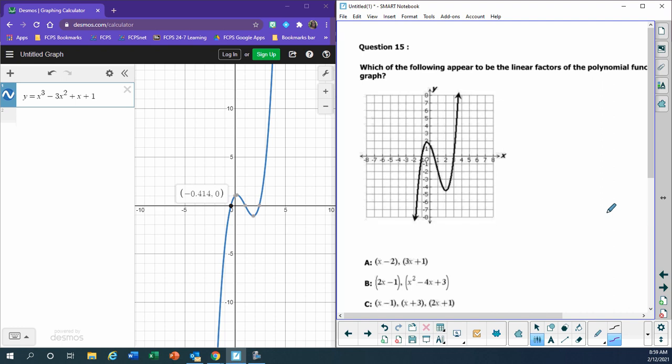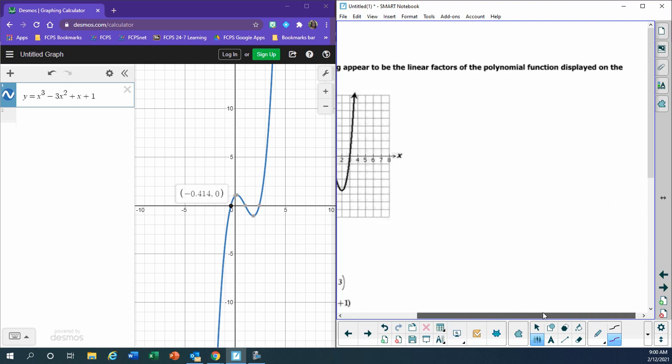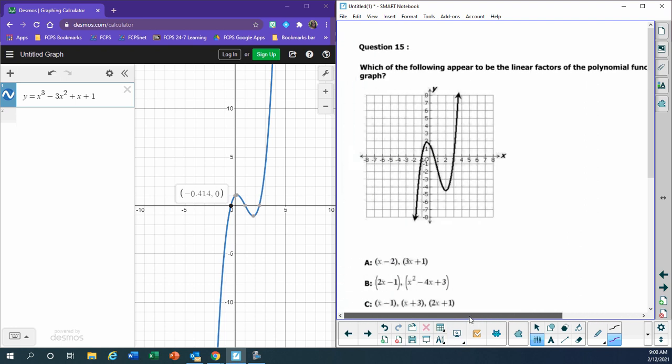All right, 15. Which of the following appear to be a linear factor of the polynomial function? All right. Display on the graph. So you have to look at this, right? These are your three things. So I have -1, -1. Oh, you know what is easy?